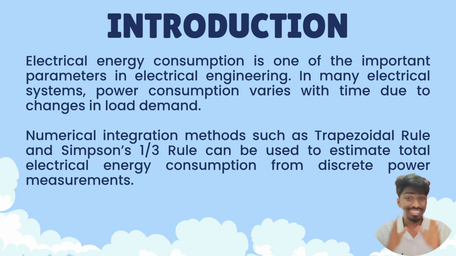Since real-world power measurements are often collected as discrete data points rather than continuous functions, we need mathematical tools to analyze them. That is where numerical integration methods, specifically the trapezoidal rule and Simpson's 1/3 rule, come into play, allowing us to accurately estimate the total energy consumption from these discrete power logs.